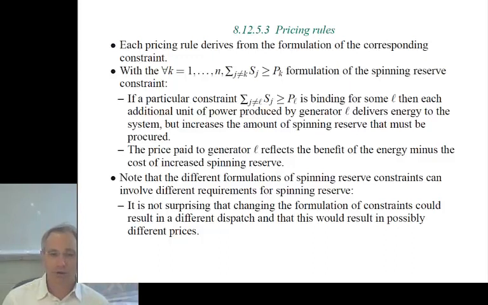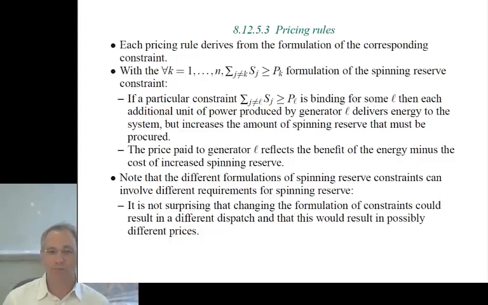So intuitively, the price paid to generator L is reflecting not only the benefit of the energy, but rather the net benefit of the energy minus the cost of the increased spinning reserve that's necessitated by its increased generation.